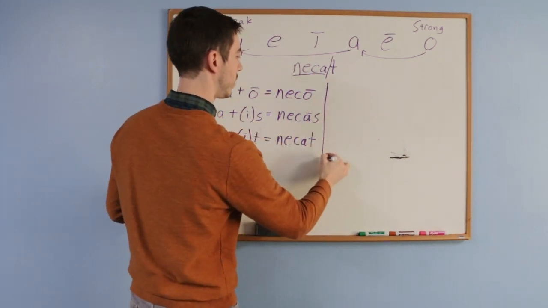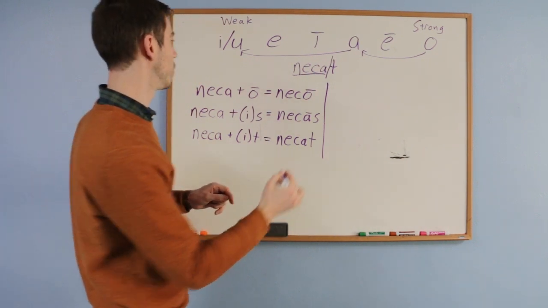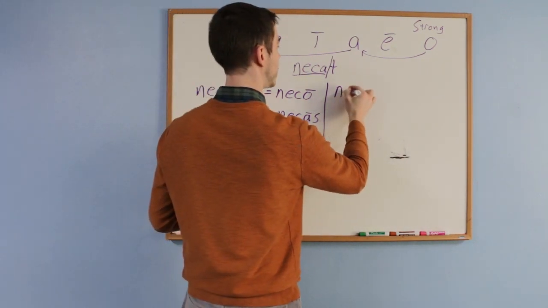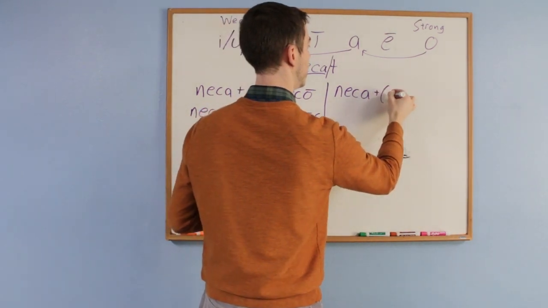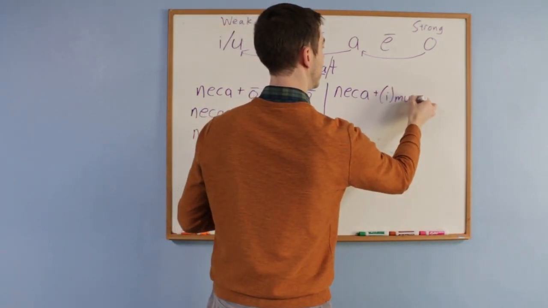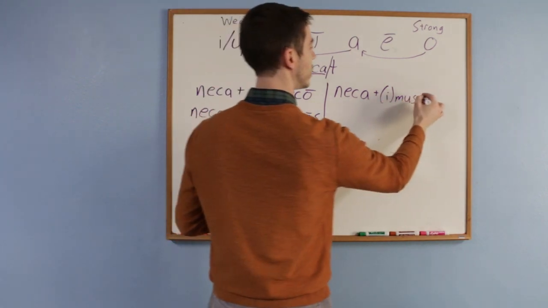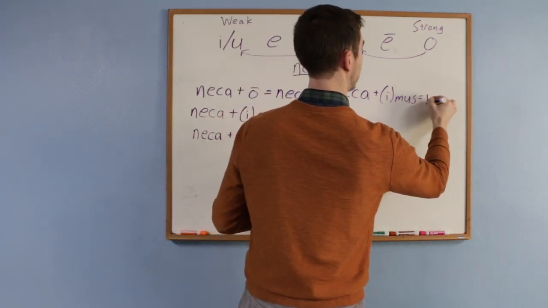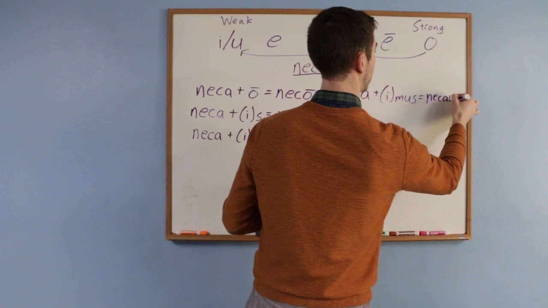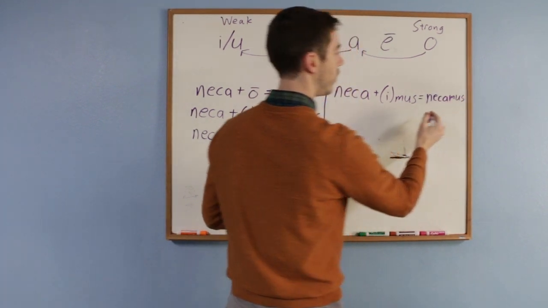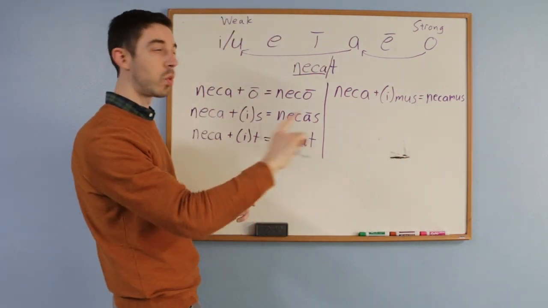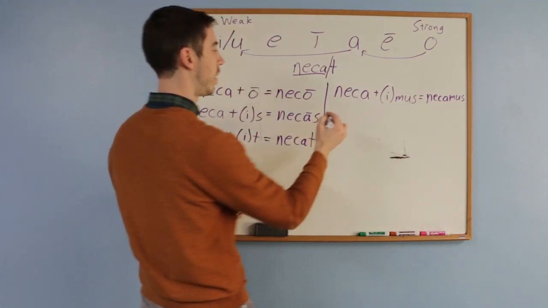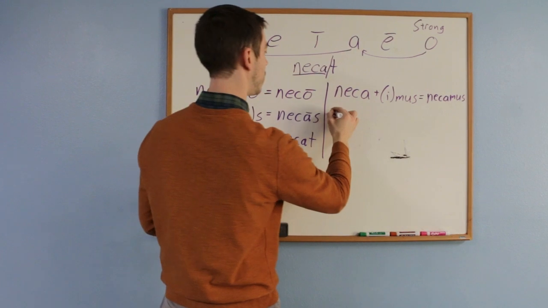I'll make a line here so we can keep them separate, and now we'll do plural. So now we have the stem neca plus imus. And the a squishes the i, and we get, I'm running out of room, necamus. Hopefully you can read that. Necamus means we kill. All right, second person plural.